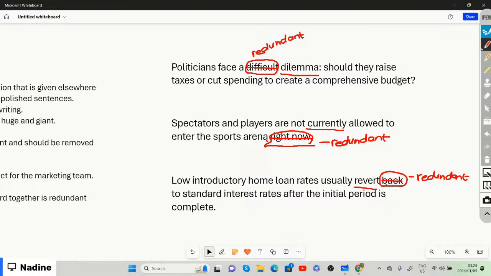So far we have seen examples of sentences with redundancies, or redundant words, which are words that are unnecessarily repeated. It brings about a lengthy sentence.